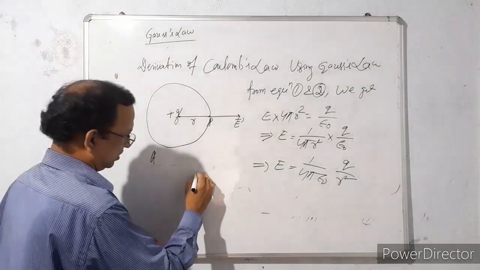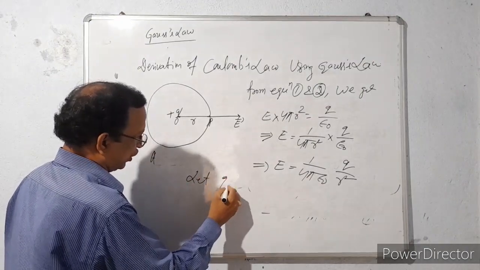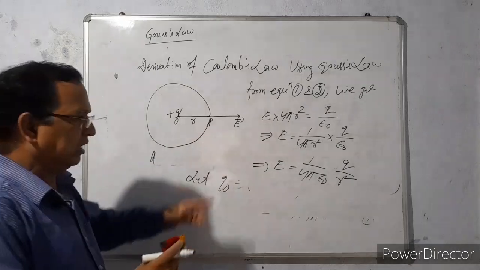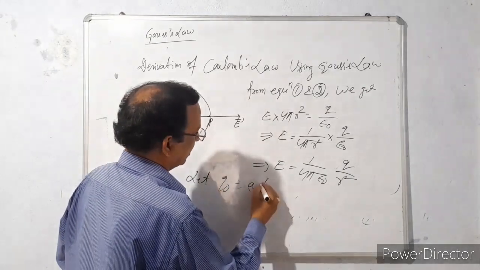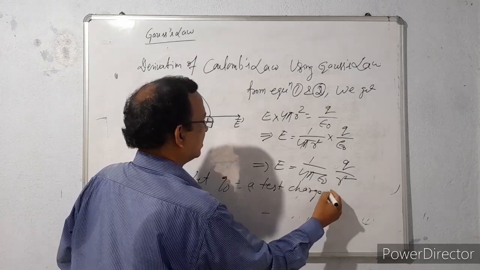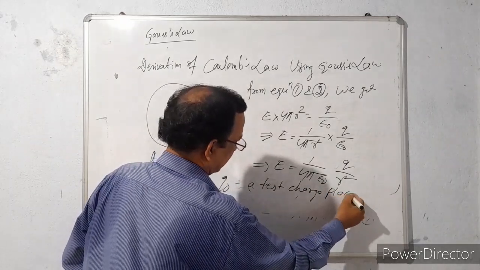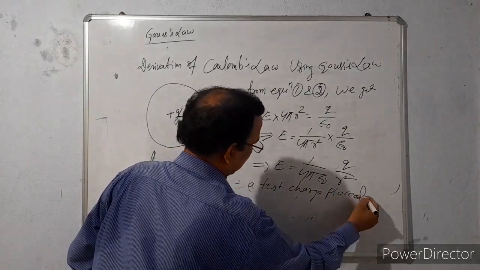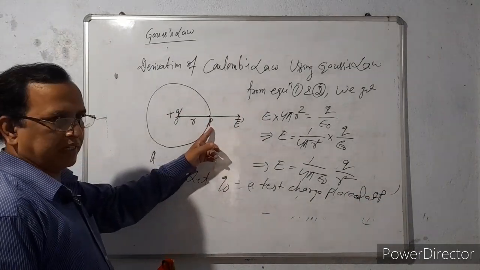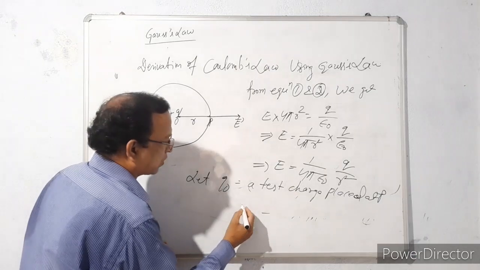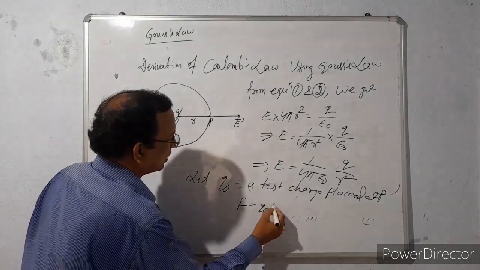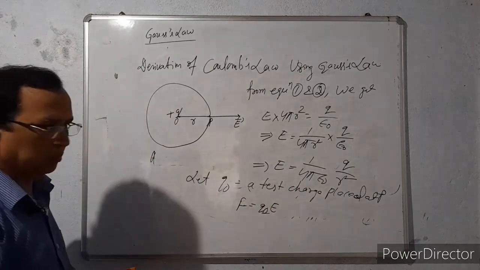Let Q0 be a test charge placed at P. Then what is the force experienced? F is equal to Q0 E. Why?